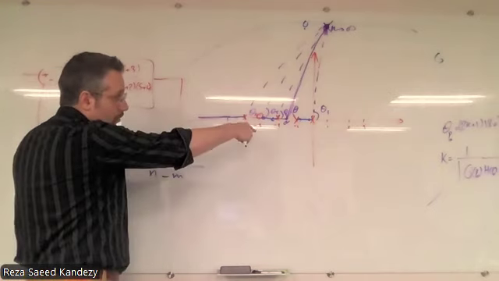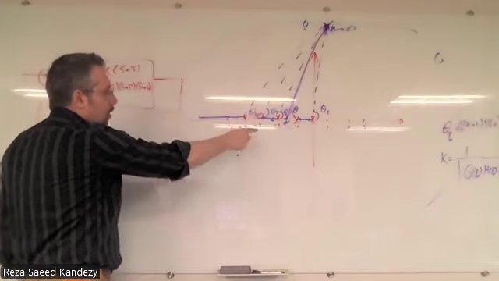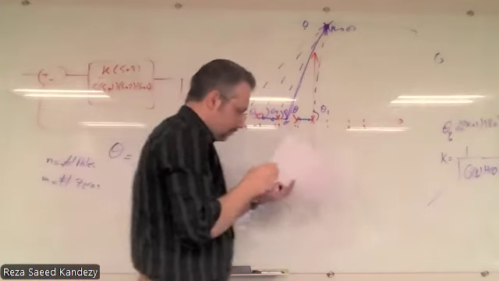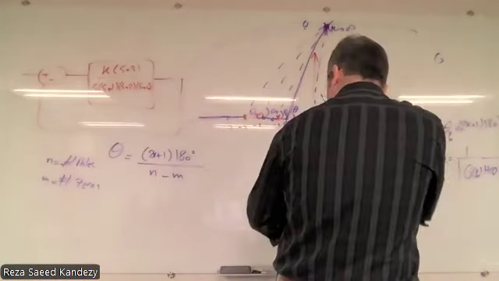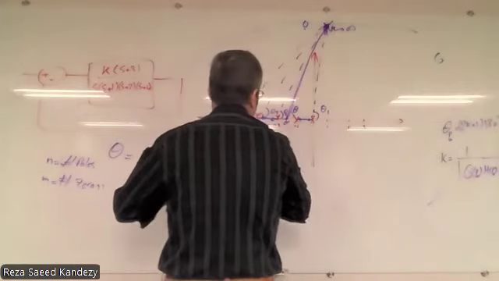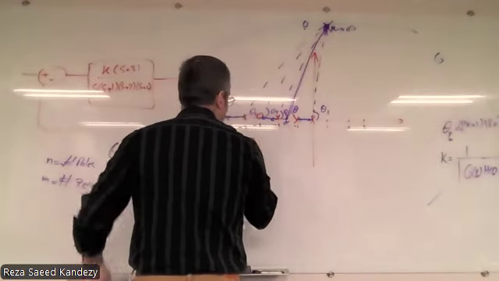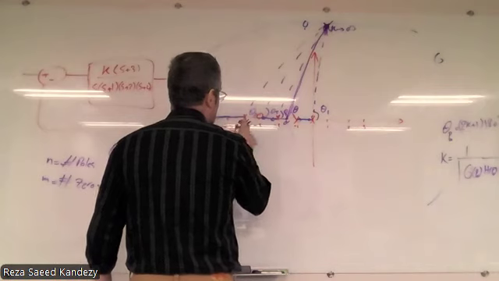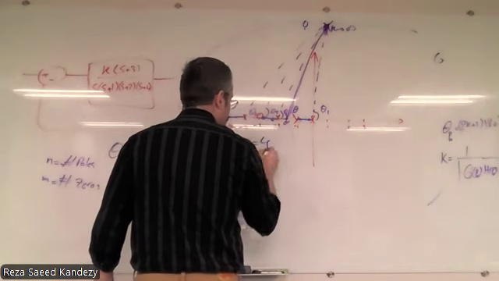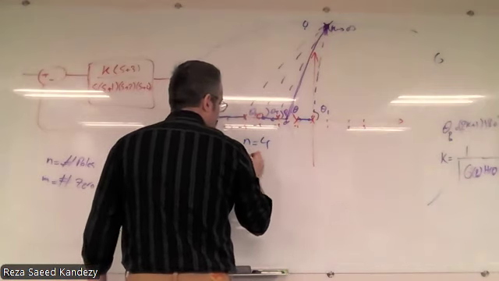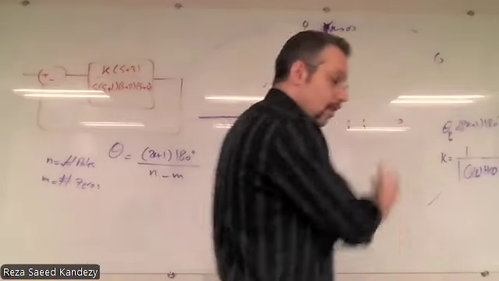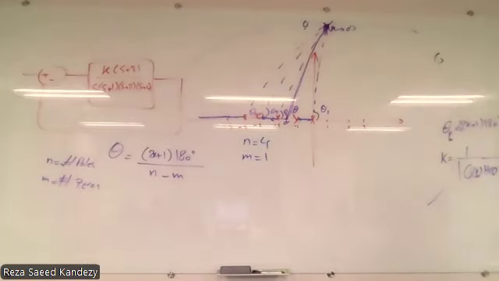Now, here we had the n here. Our number of the poles was 1, 1, 2, 3, 4, and the number of the zero was 1. We ended up with 3 lines.